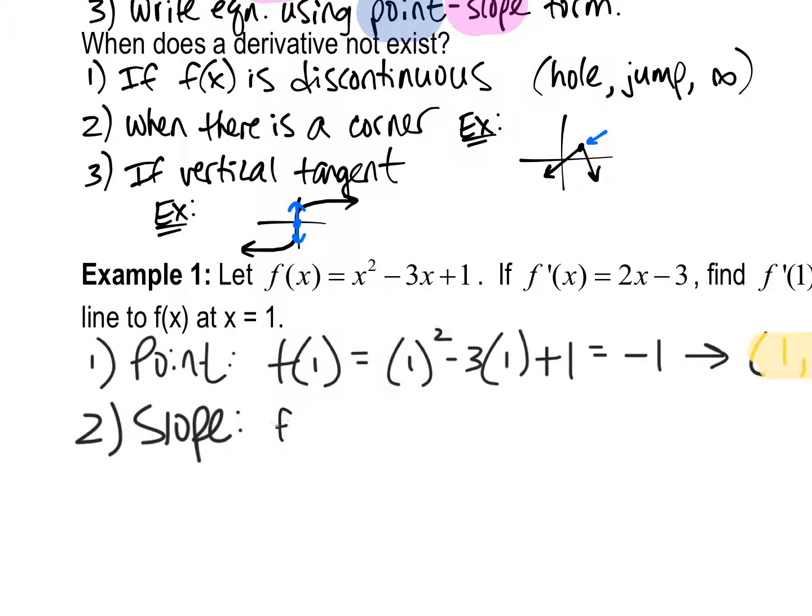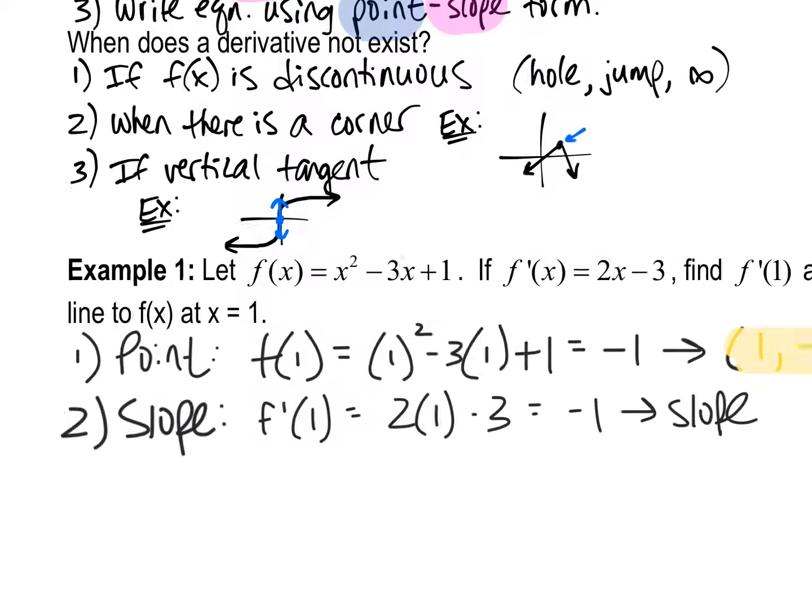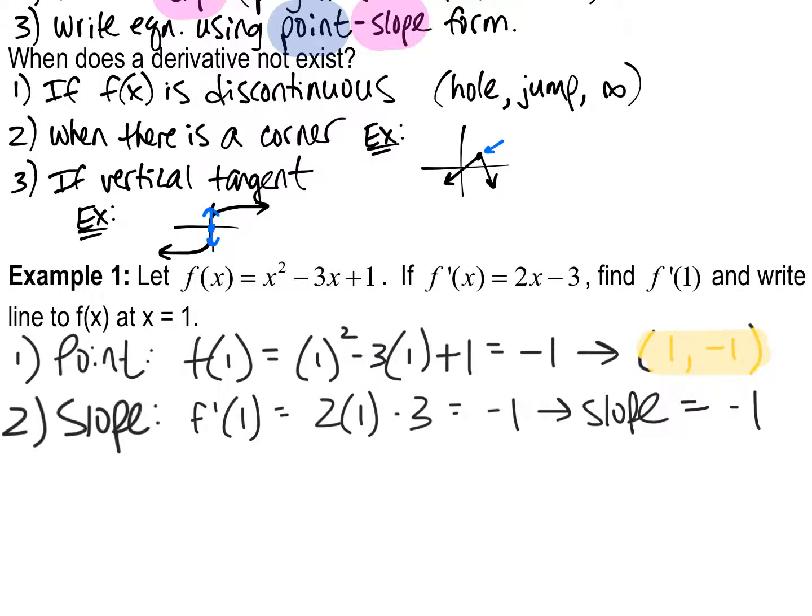So f prime of 1 is, I'm using this equation now because this is the derivative, 2 times 1 minus 3, which happens to be negative 1 also. So that is the slope. That's the other thing that I needed in order to write the equation of the line.